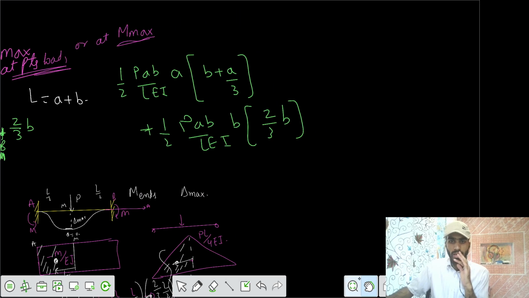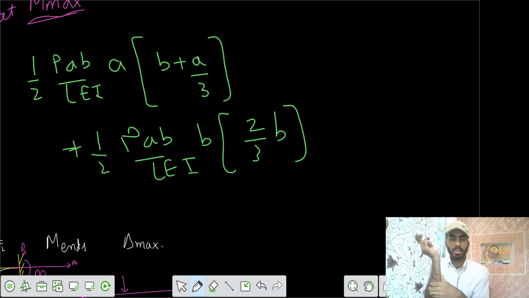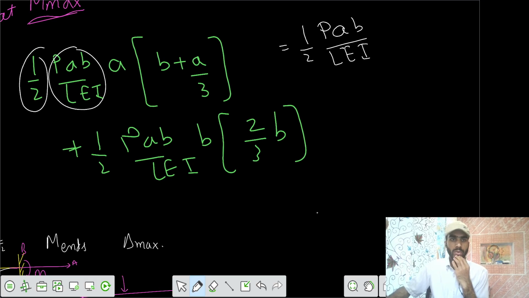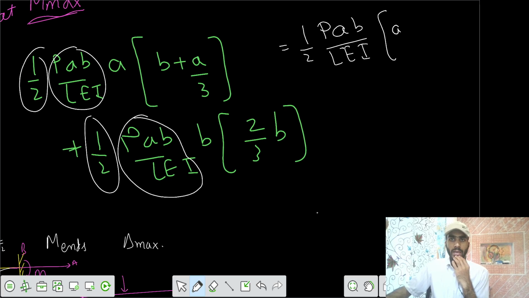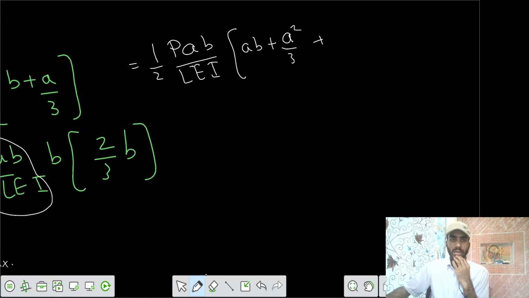Now you calculate it. We can see the common terms and keep them common. So we write 1 by 2 PAB by L EI, this term is common. Then we are left with AB plus A square by 3, and in this part we are left with plus 2B square by 3.